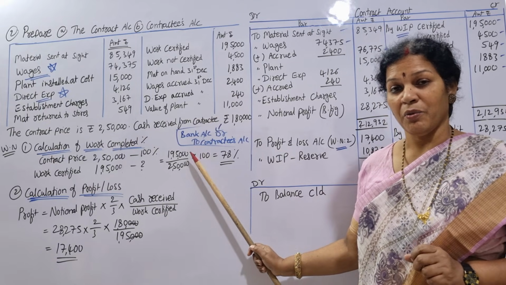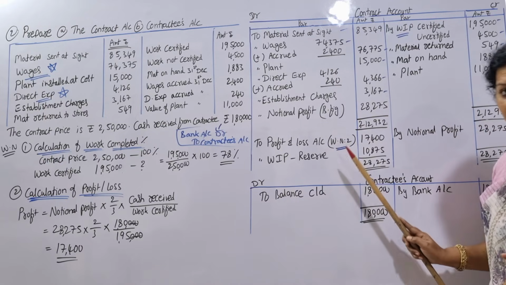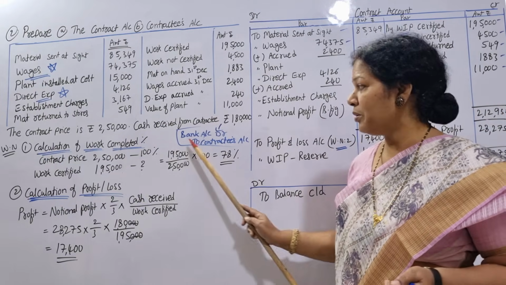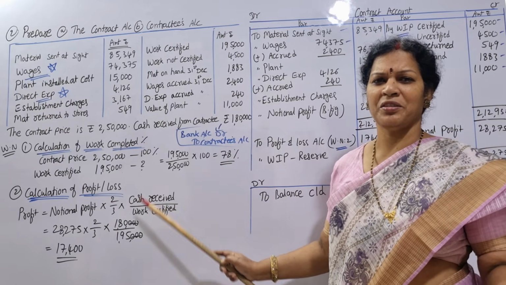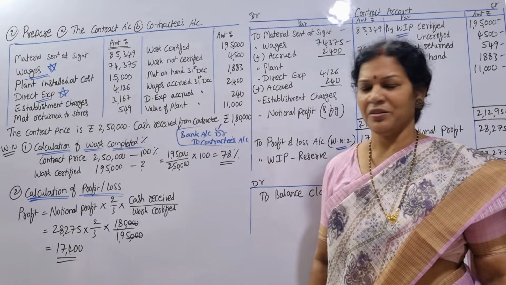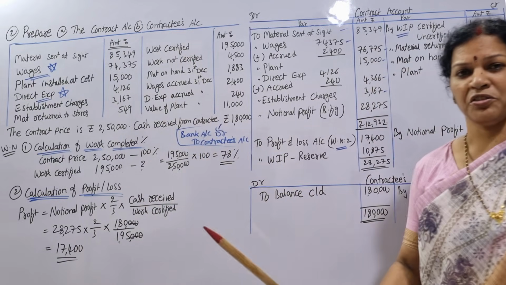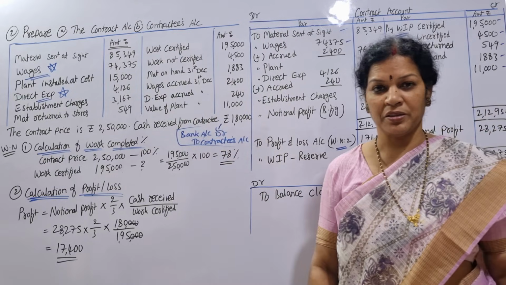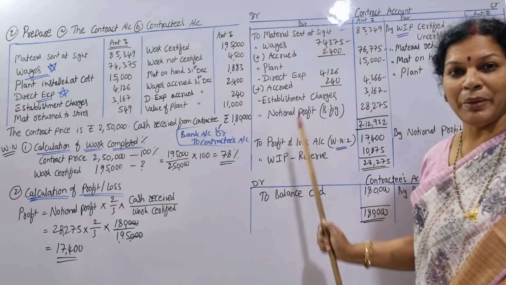We have calculated it. Once you know that, only then can you calculate the profit or loss. You know the formula: notional profit by 2/3, because of this 78%. So 2/3 into cash received by work certified gives the profit and loss. The rest of the transactions you know well what to write and where. On the debit side you write all direct expenses and opening balances.